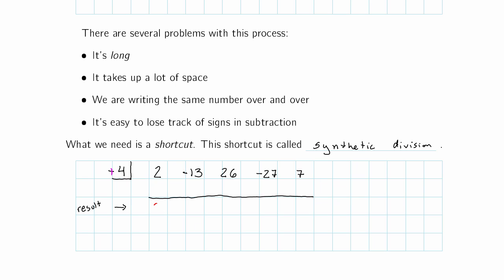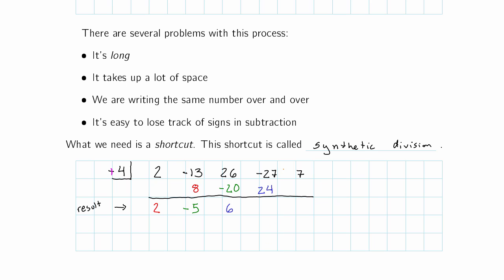So the first coefficient in our result is 2. 2 times 4 is 8. The second coefficient in our result is -13 plus 8 is -5. 4 times -5 is -20. The third coefficient in our result is 26 plus -20 is 6. 6 times 4 is 24.